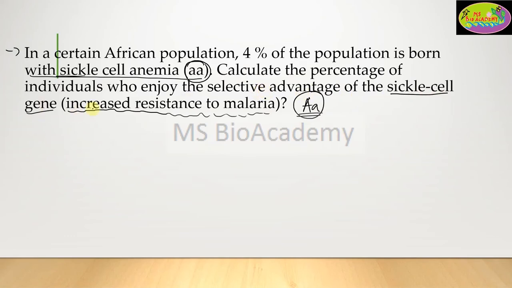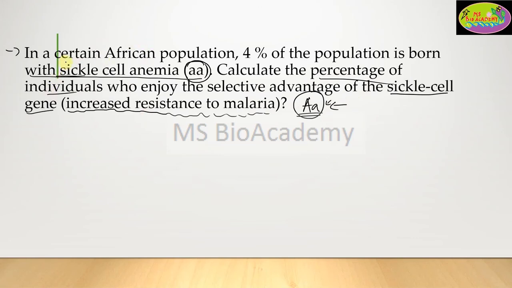They haven't mentioned that you have to find the heterozygous form, but if you know that only the carriers of this gene have the advantage of increased resistance to malaria, you know that you have to find the heterozygous allele frequency, the percentage of heterozygous individuals. That way it will be easy. You should know all these things, and only then can you calculate such questions.